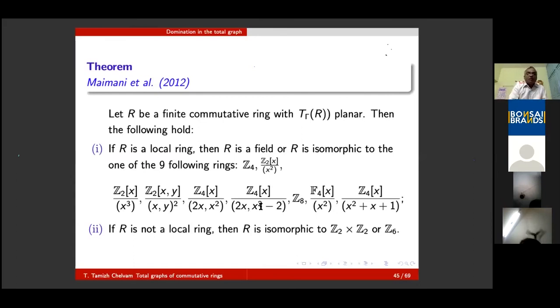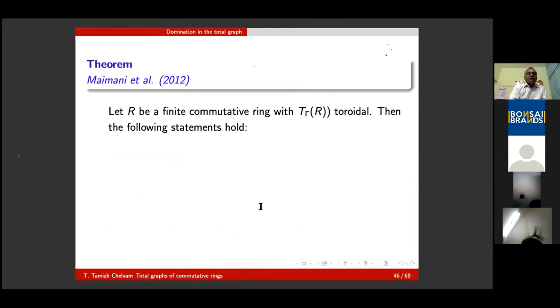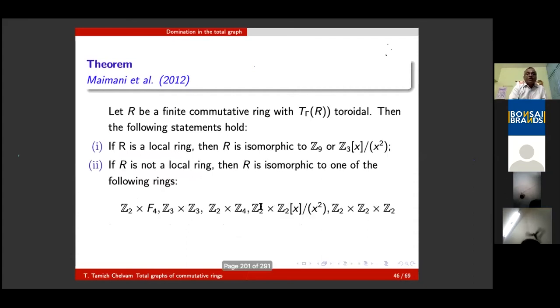Of course, in the same paper, they have proved the toroidal case. Toroidal means genus 1. In the case of local, it is either of the 2. In the case of non-local, it is one of these 5. So completely they have characterized.